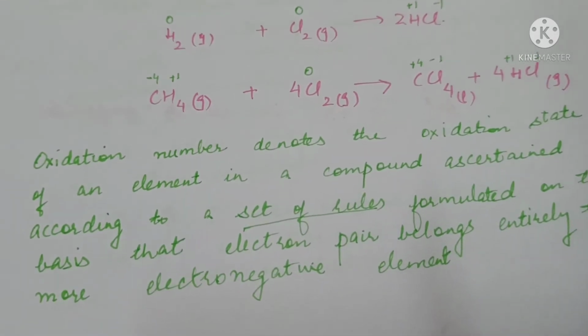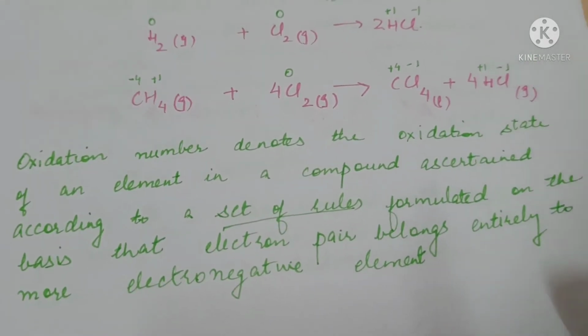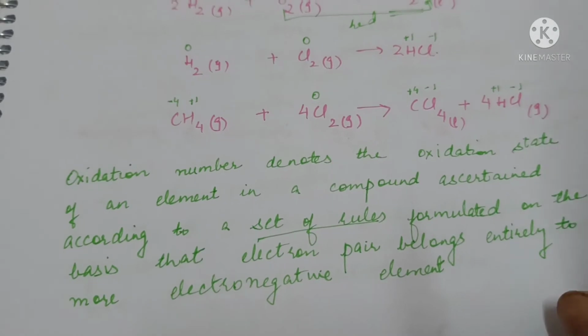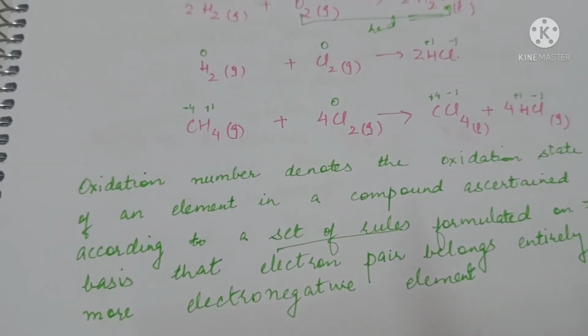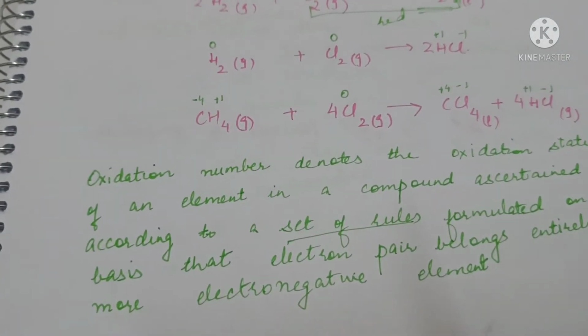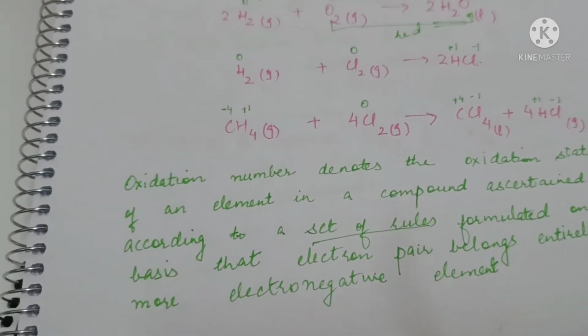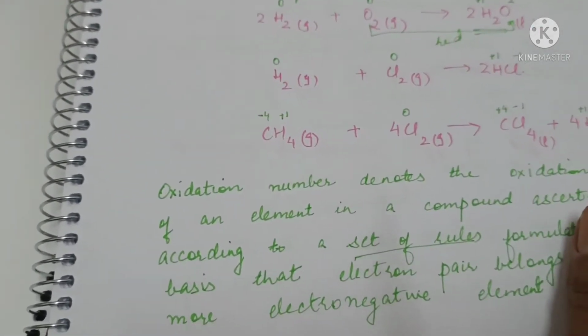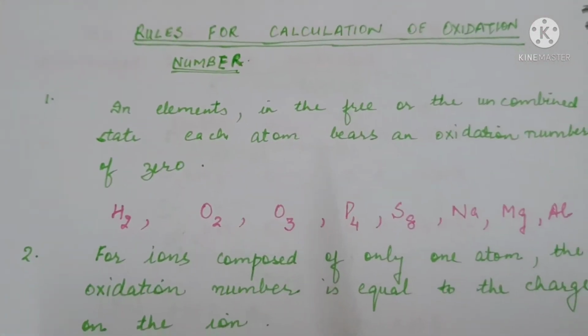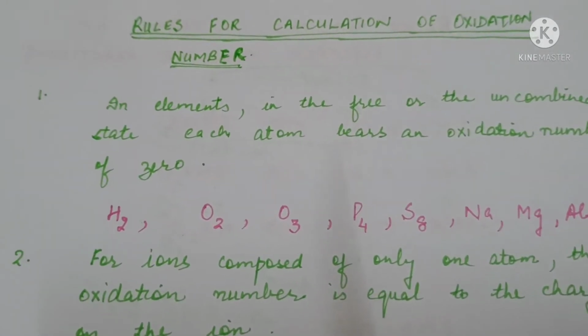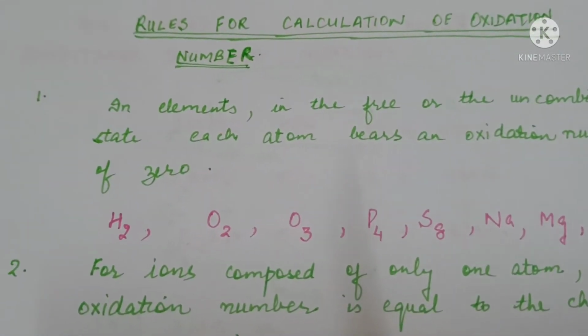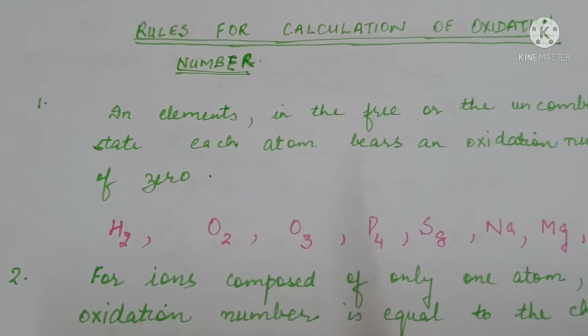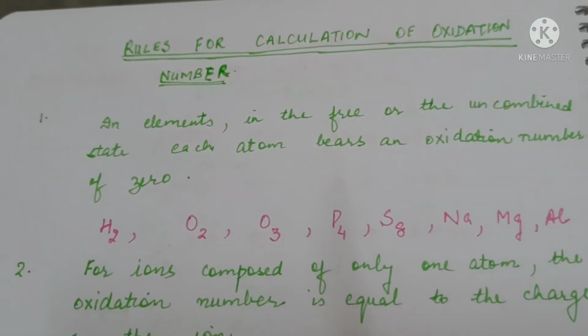So once again, the rules decide that the shared electrons belong to the more electronegative atom, even though in reality the transfer is only partial. Let us now discuss how we make use of the rules for calculation of oxidation number. So we'll study the rules one by one.